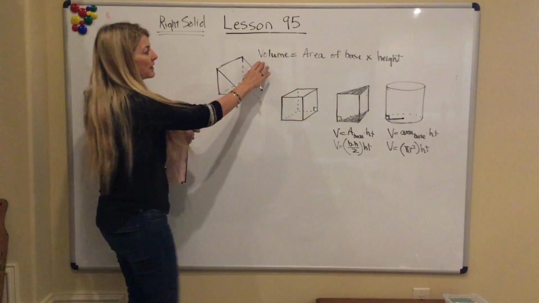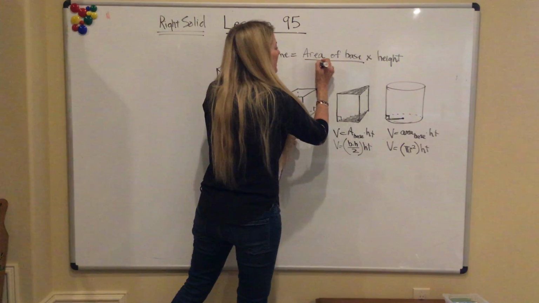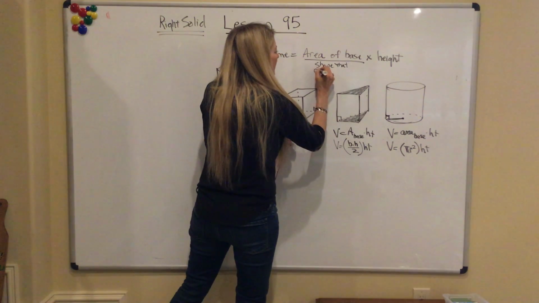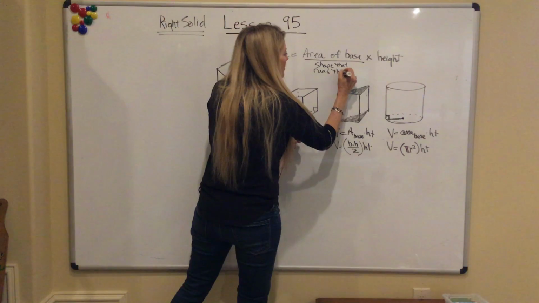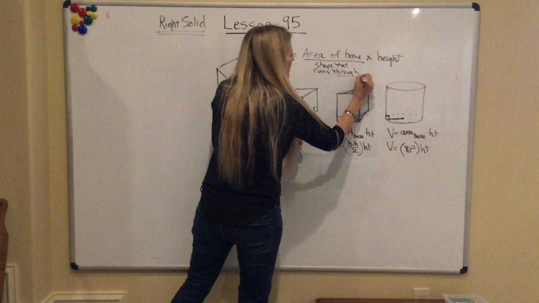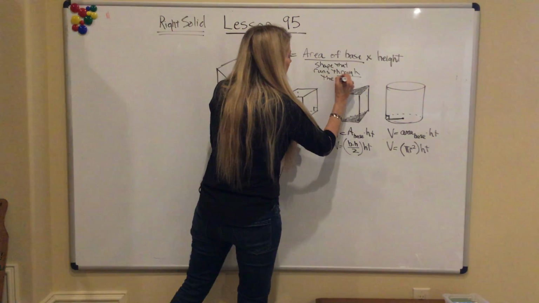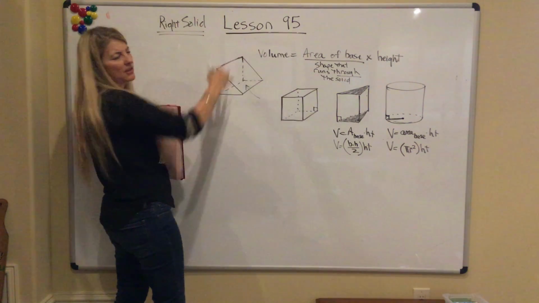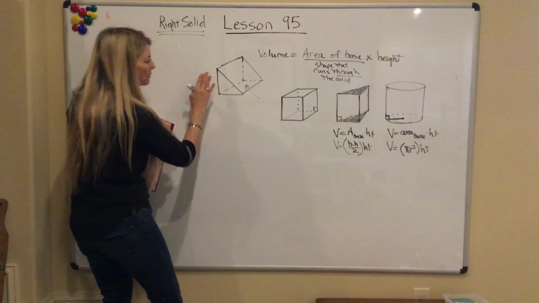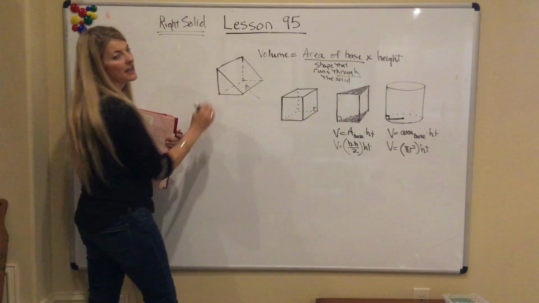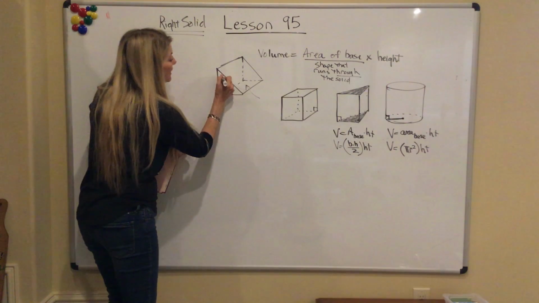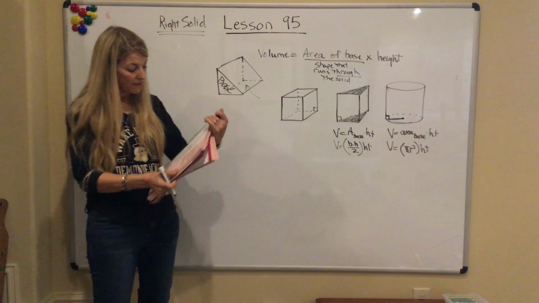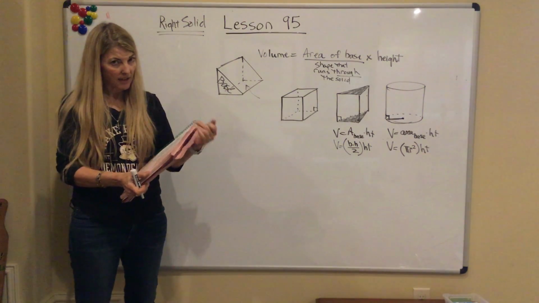But for our formula, the base is the shape that runs through the solid. So does that rectangle run all the way through the solid? No. The shape that runs all the way through the solid is that triangle. So this technically is the base of that solid, even though in the picture it's not sitting on that base.